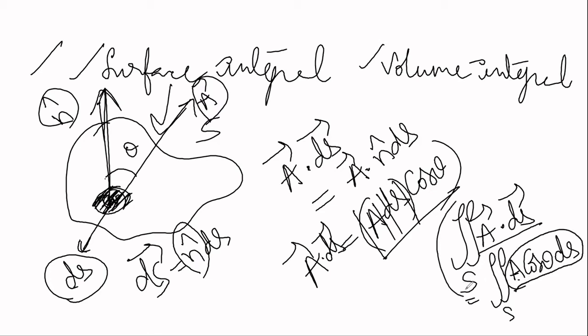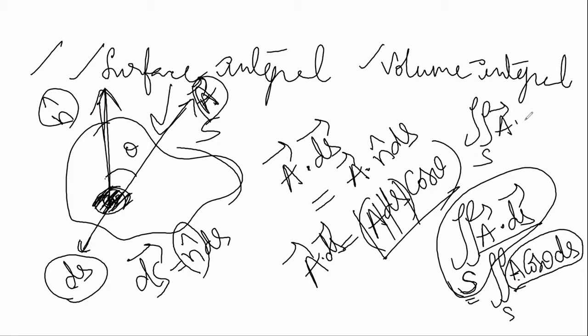So this is called the surface integral of a vector on this surface. The surface integral of A bar, where the surface is closed by a curve, can be given by the double integral of A dot ds. So students, for line integral we have a single integral, A dot dl. Let me erase these things.